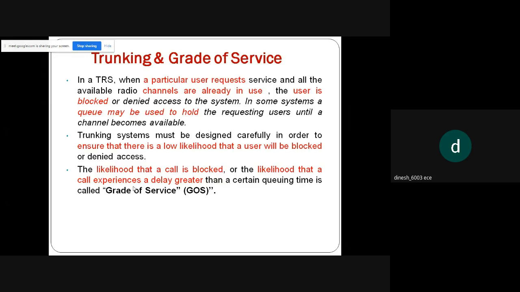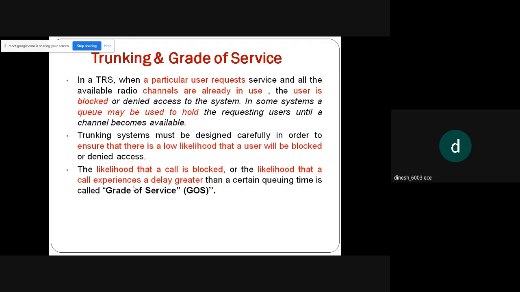So you are using an operator, for example, Idea. I'm saying it as an example. If you are making a call within Idea, Idea to Idea, it is getting connected quickly. You'll be using it.